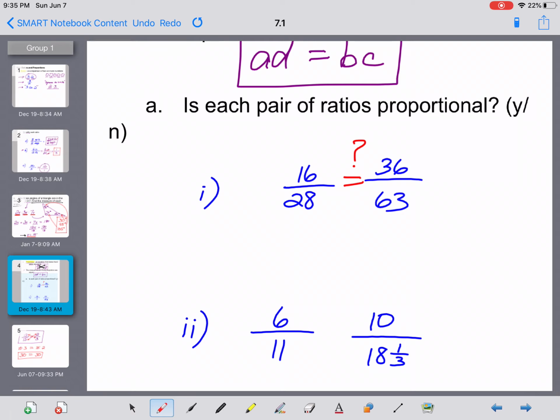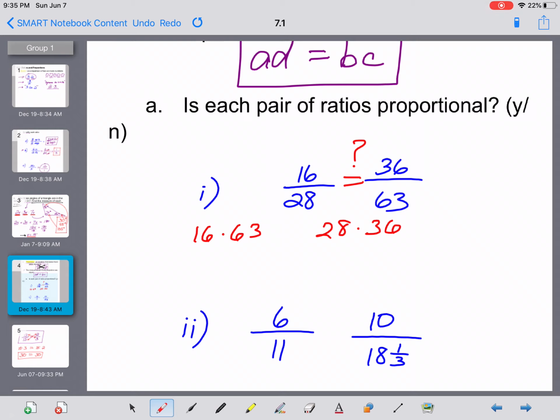If this in fact were a proportion, the cross products would be equal. So we could check this by multiplying 16, the first numerator, by 63, which is the second denominator. And then we can compare that to the second cross product, 28, which is the first denominator, multiplied by 36, which is the second numerator.